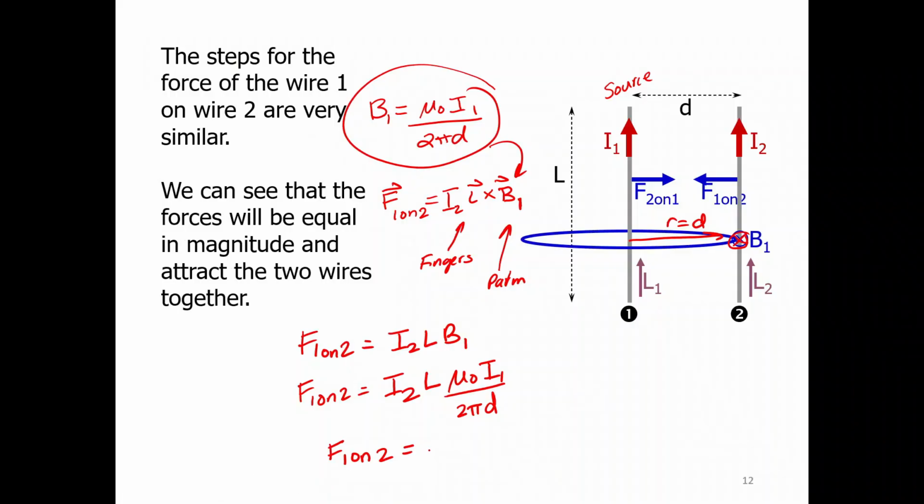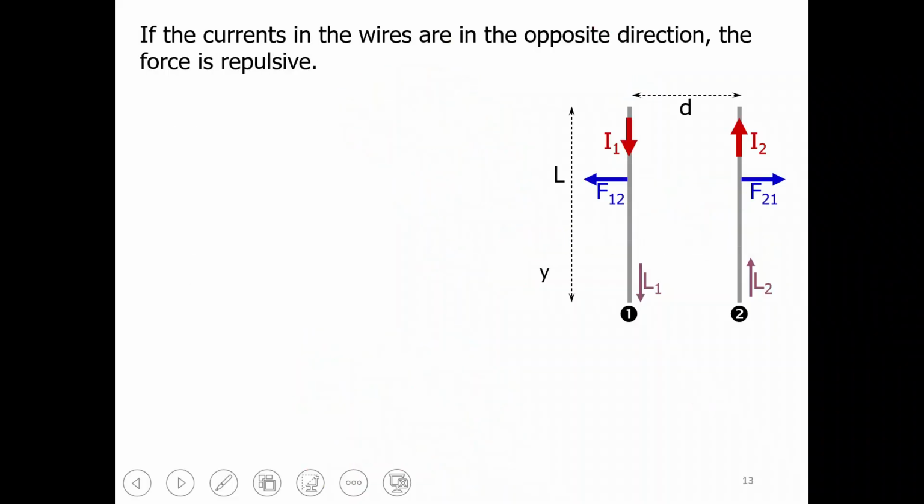Same idea, mu naught L I1 I2 over 2 pi d. So those forces are equal and opposite. If you use the same right-hand rules, the forces are going to be the same magnitude because we have the same currents and the same distance, but the direction is different.